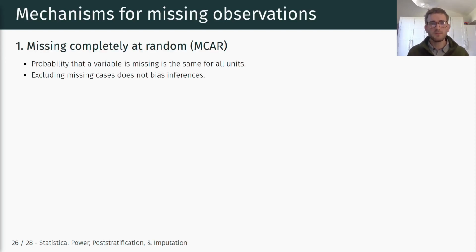There are three main categories of missing observations, or mechanisms behind missingness, that we have to distinguish, because ultimately they have different implications both for our analysis if we just ignore the missingness, and for how we can model the missing mechanism itself.